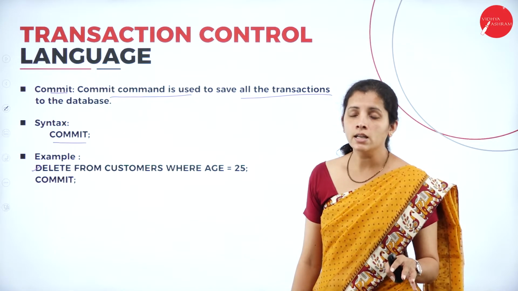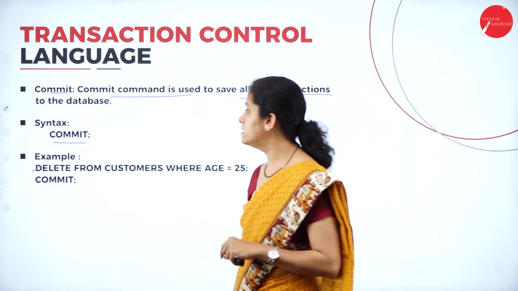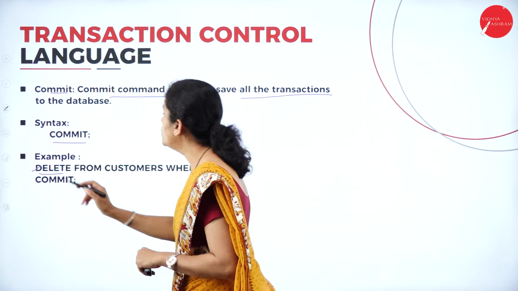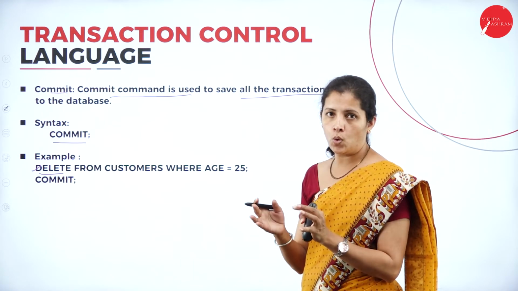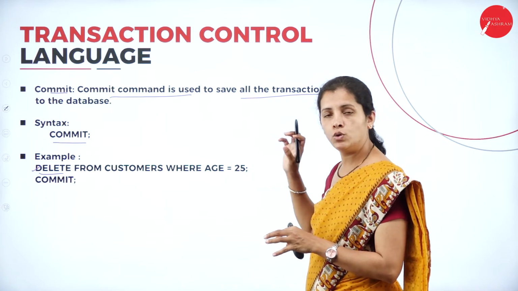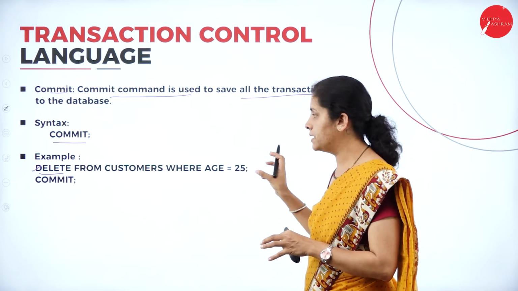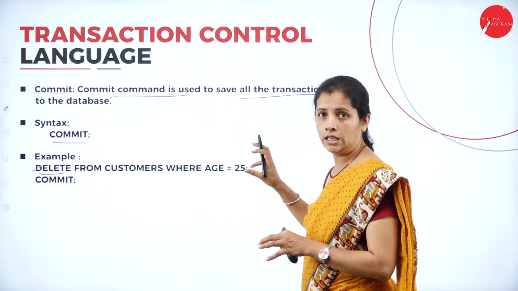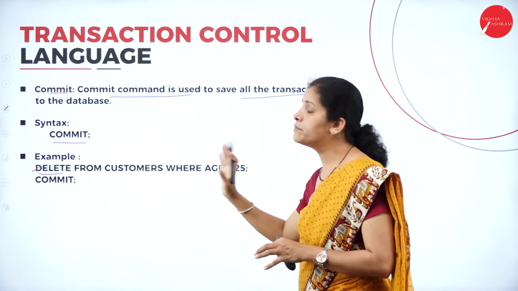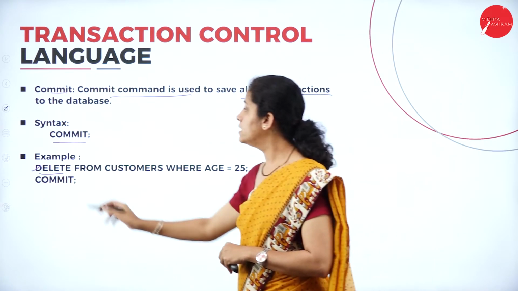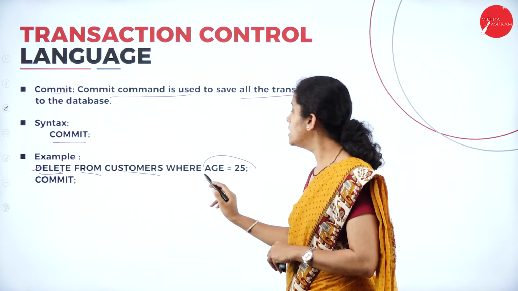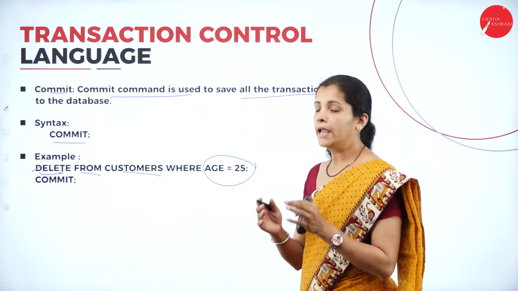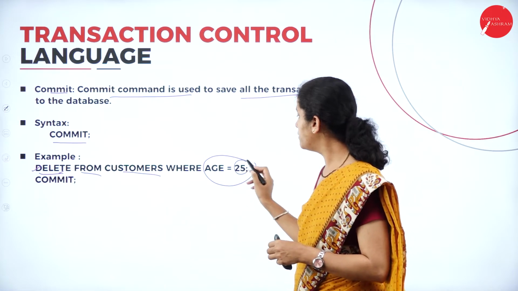So dear student, let's consider an example here. Think that I want to delete some row from the database. After deleting, I just want to save the database. So here, delete from customers where age is 25.